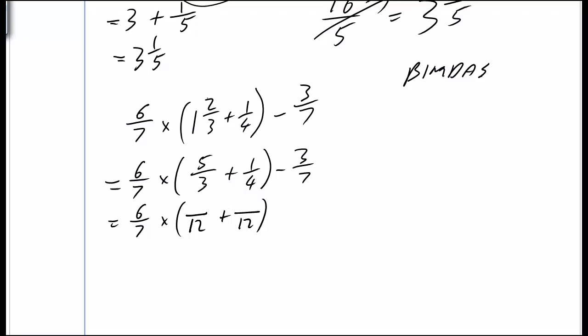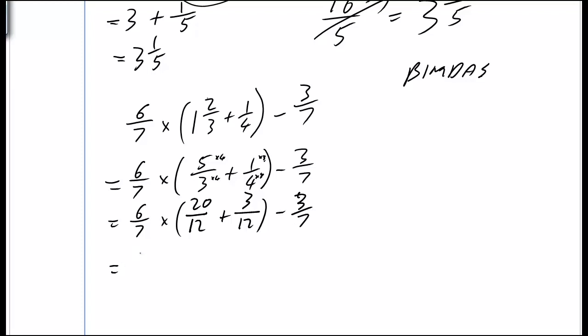What are you going to multiply 3 by to give you 12? 4. So you've got to multiply the bottom by 4. You've got to multiply the top by 4. 4 5s are 20. What are you going to multiply 4 by to give you 12? You've got to multiply by 3. So multiply the top one by 3. Once 3 is 3.